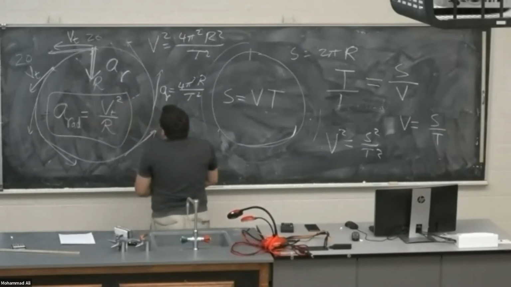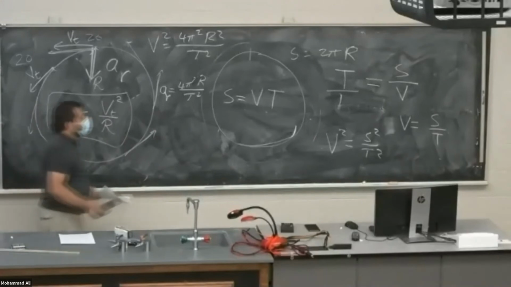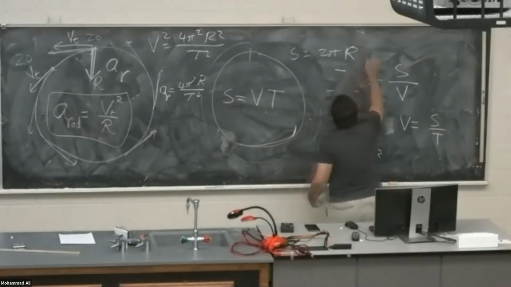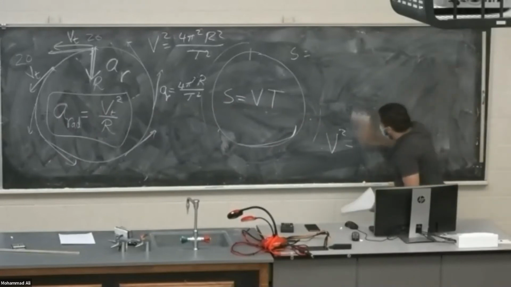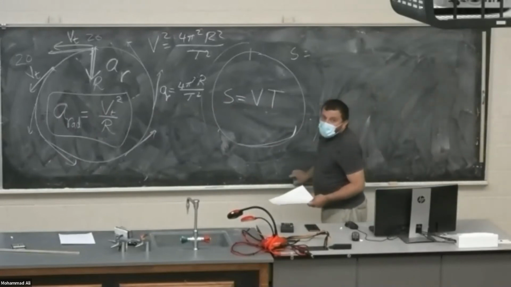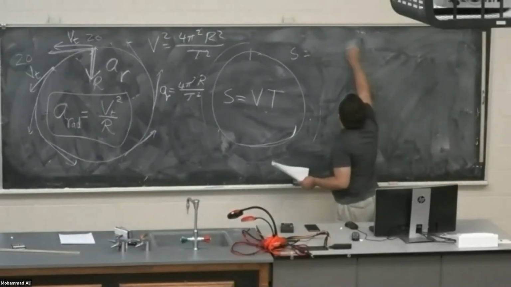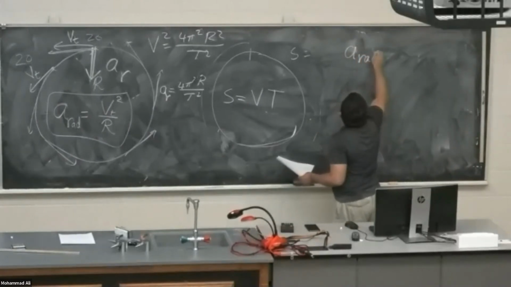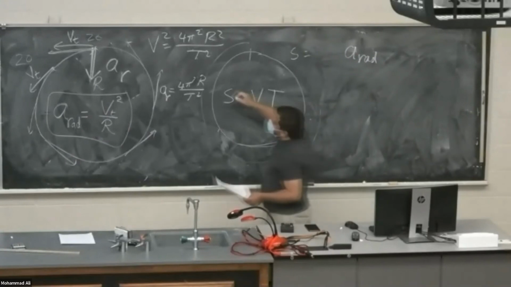Now we have acceleration. Newton exists in our life. And he appeared and looked at us when he heard about acceleration. We have A radial.